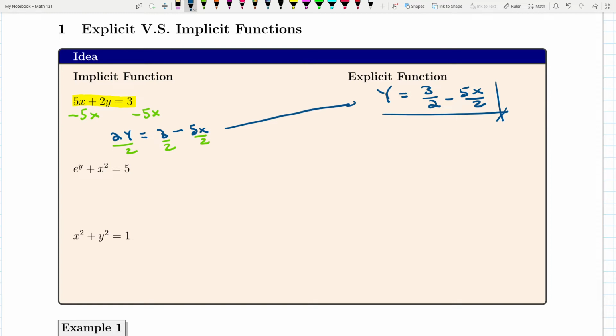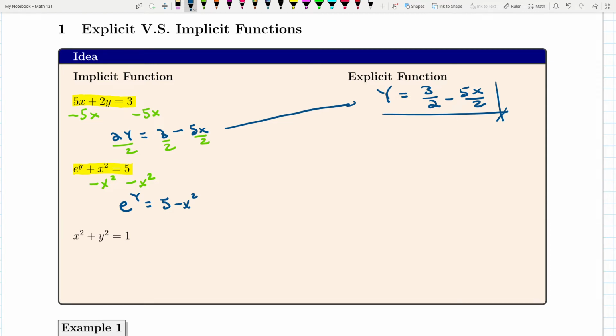Let's look at another example of an implicit function, and let's see if we can write it in explicit form. Let's try to solve for y by first subtracting x squared on both sides. That leads us to e to the y equals 5 minus x squared.